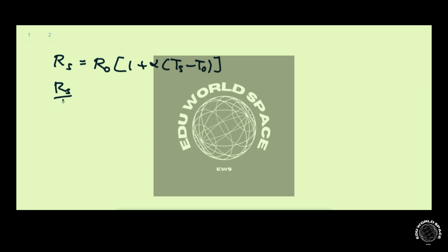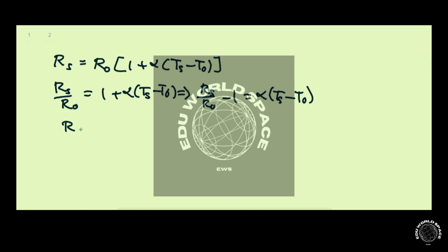We divide by R0, which gives us 1 plus alpha times TS minus T naught. Then subtract 1 from both sides, and this side I can put over a common denominator, and then divide both sides by alpha.